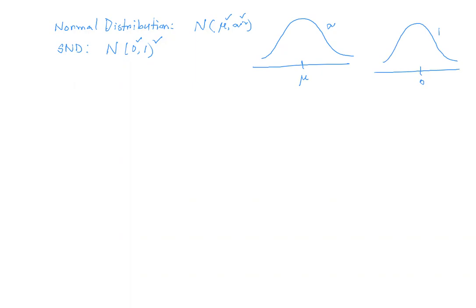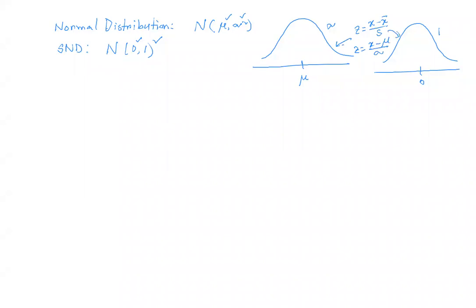I can go back and forth between these two by using the z formula. Z is equal to x minus x bar divided by s, or z is equal to x minus mu over sigma, depending on what we are dealing with. We can go back and forth between these two.